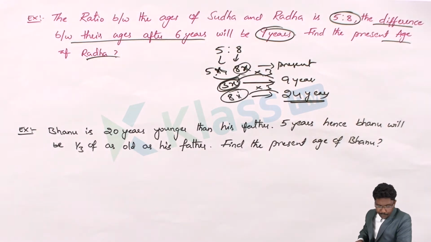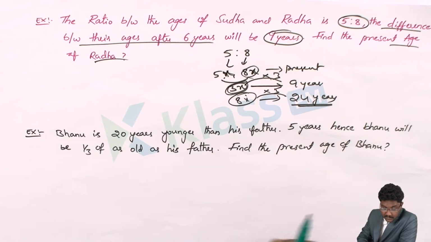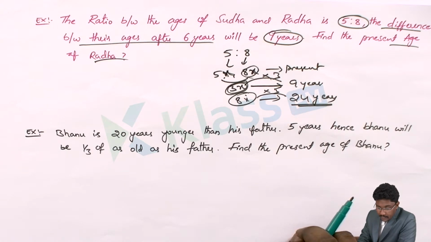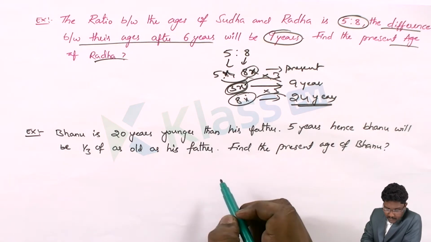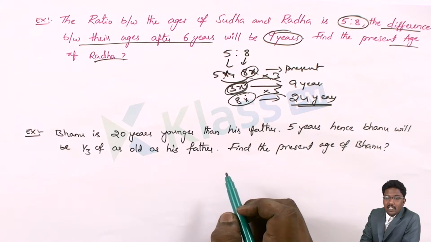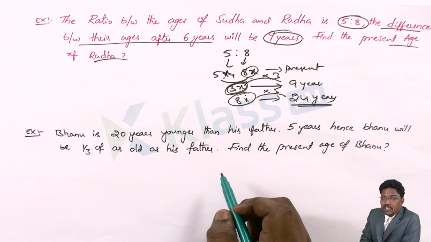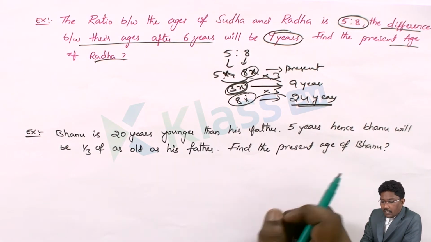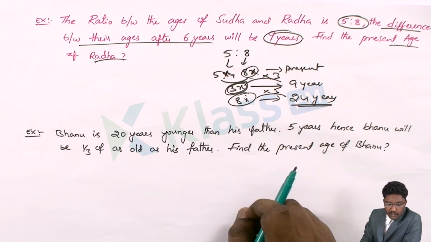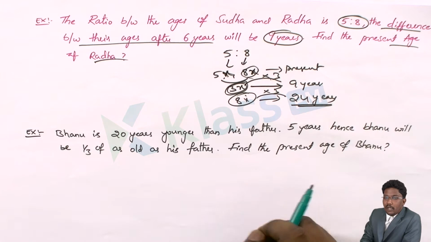See the next question. Banu is 20 years younger than his father. 5 years hence, Banu will be 1/3 as old as his father. Find the present age of Banu. Now see, Banu is 20 years younger than his father, which means the difference between Banu and his father is 20 years. After 5 years, Banu's age will be 1/3 of his father's age.